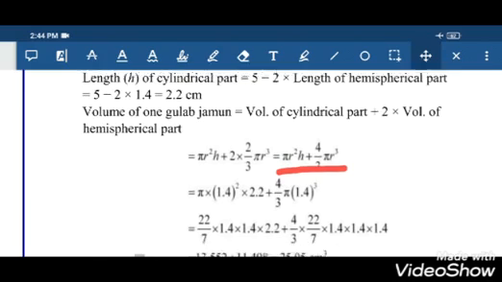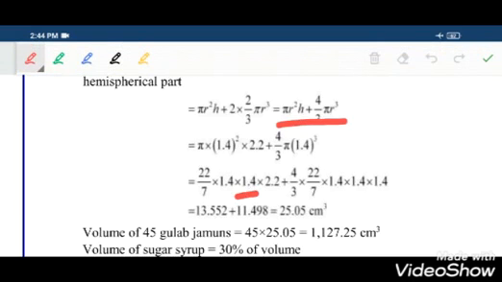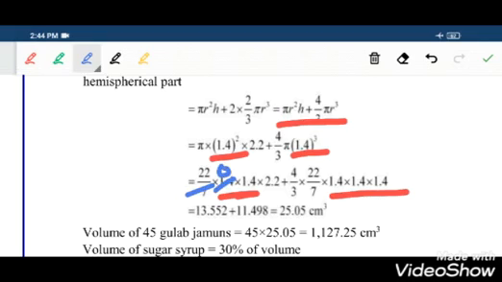Now we substitute the value of pi, 22 by 7. 1.4 whole square can be split as 1.4 into 1.4, and 1.4 whole cube as 1.4 into 1.4 into 1.4. Now we cancel the 7, and 1.4 by 7 is 0.2. Multiplying 22 into 0.2 into 1.4 into 1.4 and the 2.2, you get 13.552.